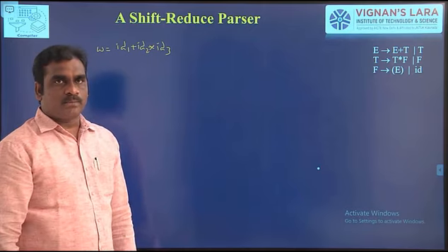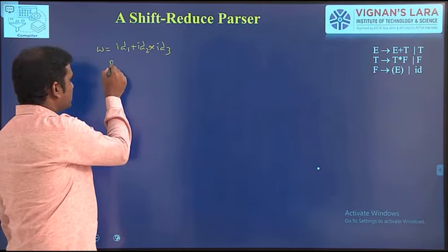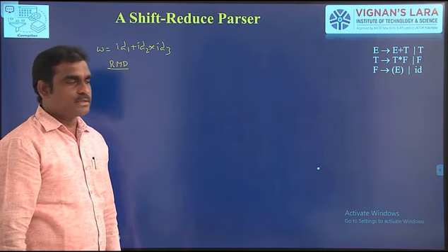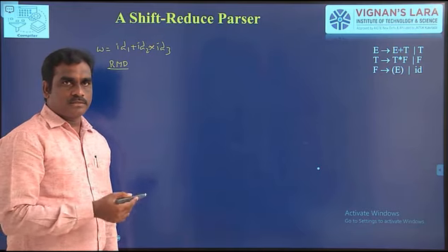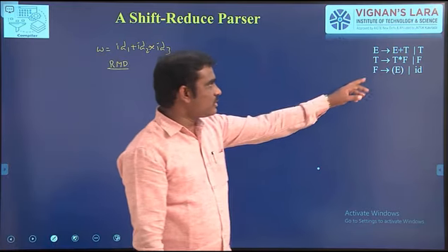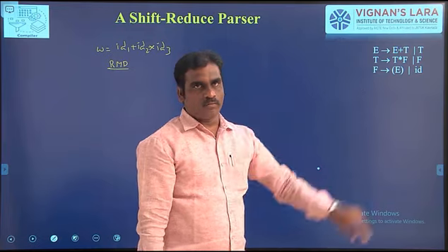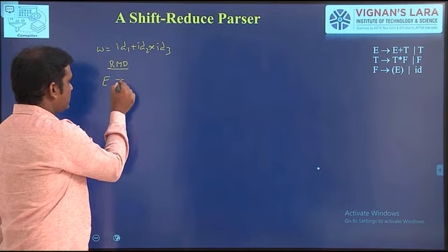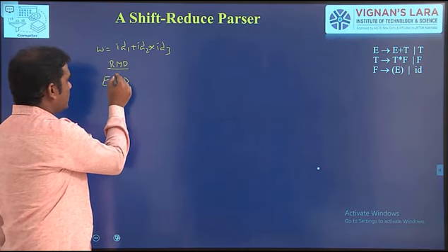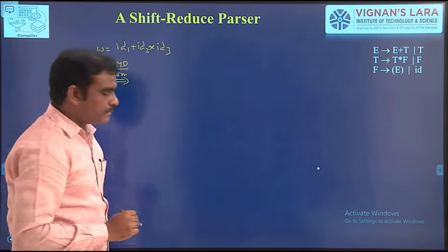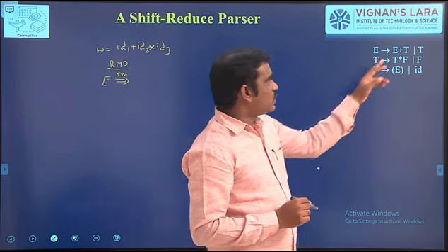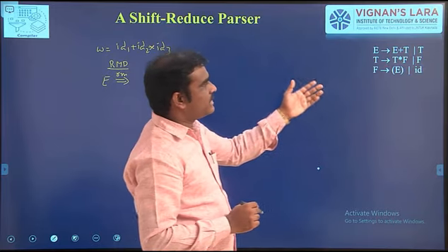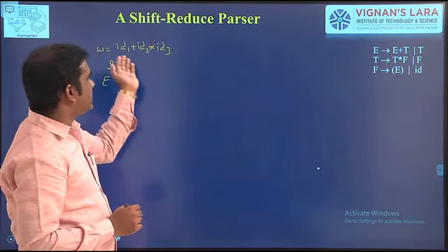So what is step 1? Step 1 is to first apply the rightmost derivation. Any derivation starts with the starting symbol of the grammar. Here the starting symbol of the grammar is E. So E derives, in rightmost derivation, E has two productions: one is E plus T and the second one is T. We replace with either E plus T or T based upon the input string.